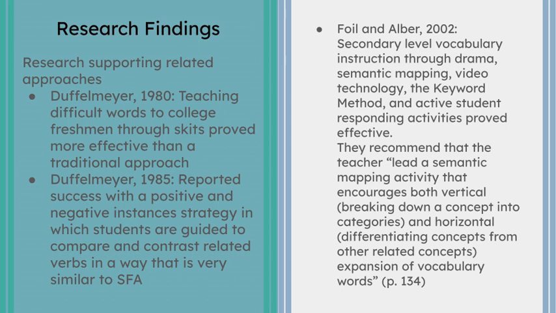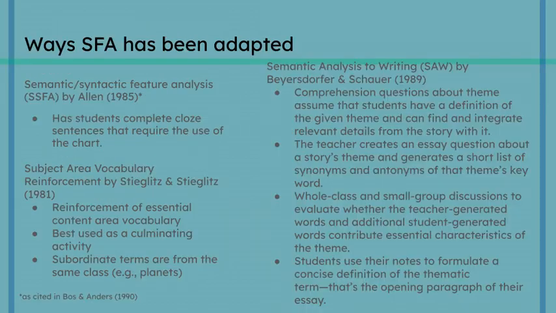And they recommend that the teacher lead a semantic mapping activity that encourages both vertical expansion, breaking down a concept into categories, and horizontal expansion, differentiating concepts from other related concepts, of vocabulary words. So basically, they recommended building on your semantic mapping activity with a contrasting function in addition to the comparison function, which is the goal of semantic feature analysis.